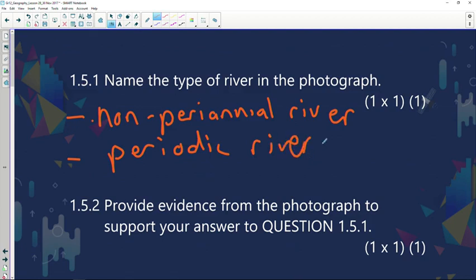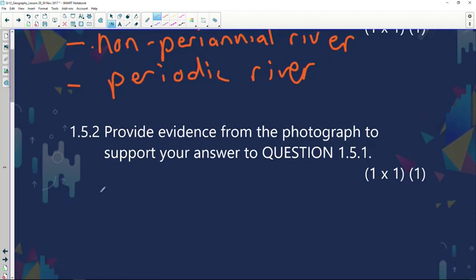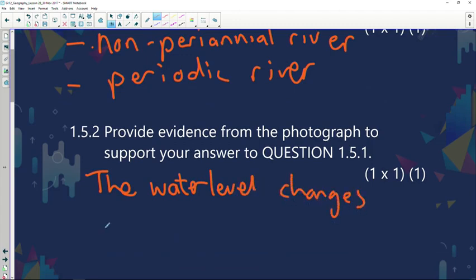Okay, provide evidence from the photograph to support your answer to question 1.5.1. As you can see, the water level changes during the course of the dry and wet season.